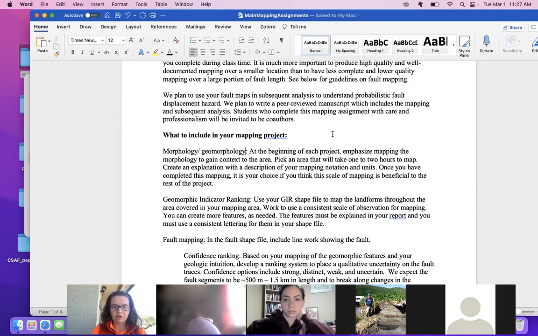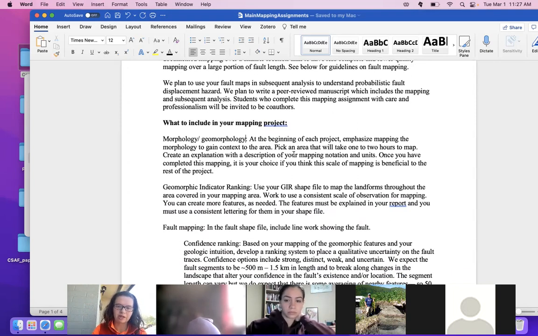So what to include in your mapping project? At the beginning, we'd like you to do at least 2 hours of morphology and/or geomorphic or hybrid mapping. Pick an area and spend 2 hours doing this type of mapping. After those 2 hours, it's up to you whether you find it beneficial.